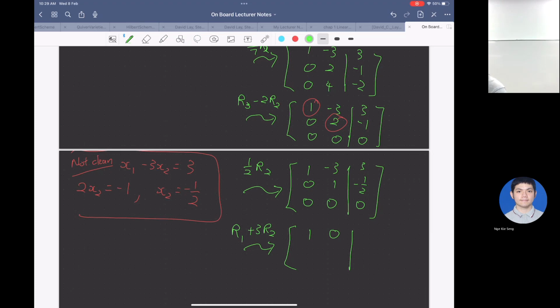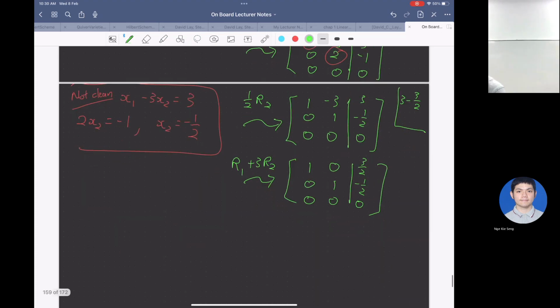So what's this? 3 minus 3 over 2. What do you get? 6, 3 over 2 again. Correct? Okay. So this means I get x1 equals 3 over 2, x2 equals minus a half.